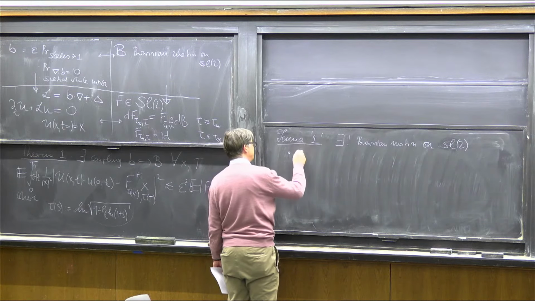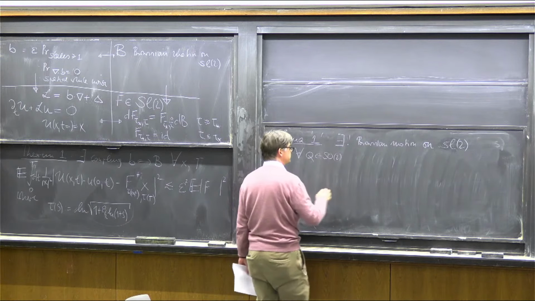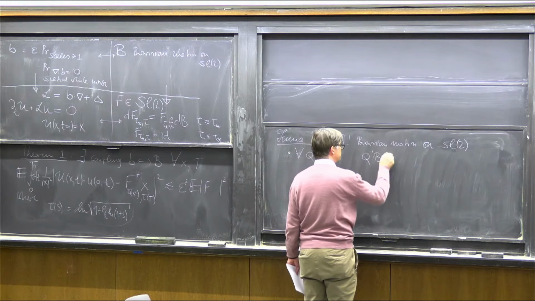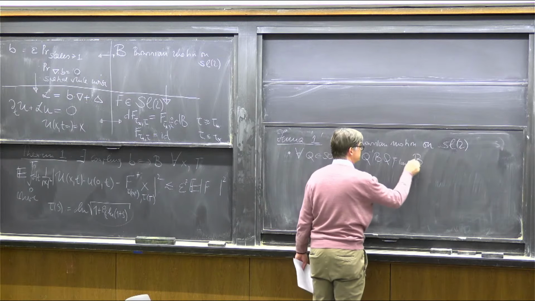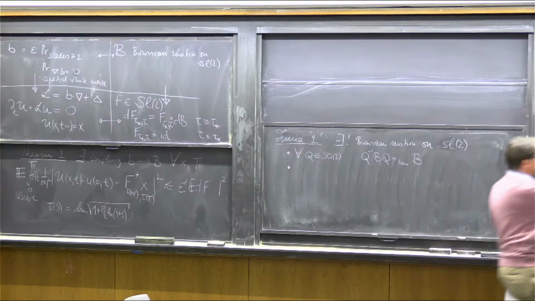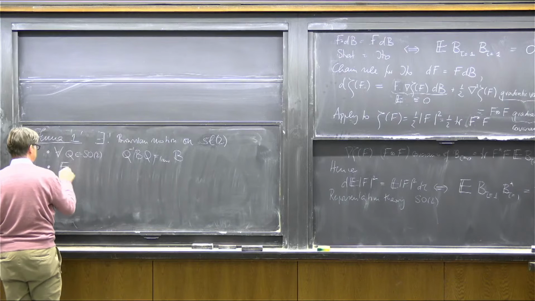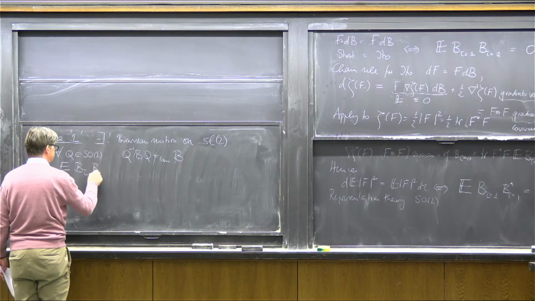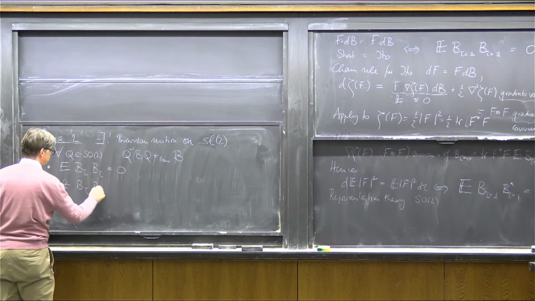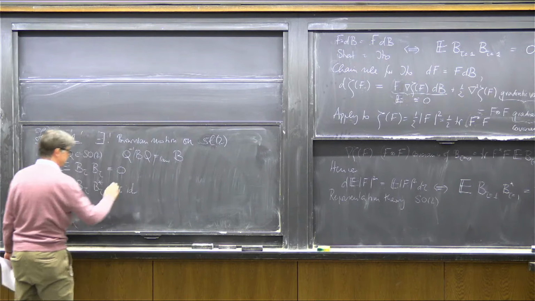It's SO2 invariant, meaning that for all matrices Q in SO2, Q minus 1 B Q has the same law as B. And it satisfies exactly these two conditions: the expectation of B tau times B tau is equal to 0, and the expectation of B tau times B tau transposed is tau times the identity.